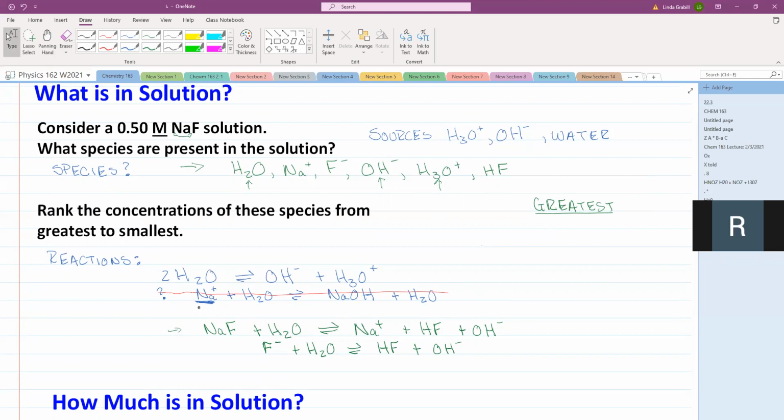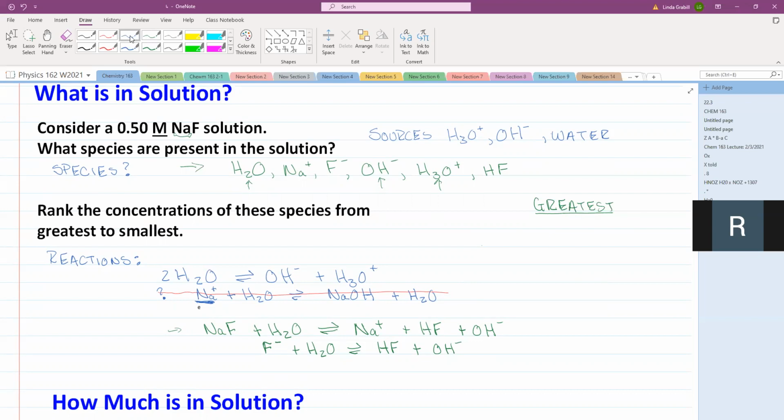I'm not sure, but I would guess maybe the OH minus. Okay, so why the OH minus? I'm not really sure, but I know in a lot of the reactions the H3O plus or the OH minus would have like a larger concentration?